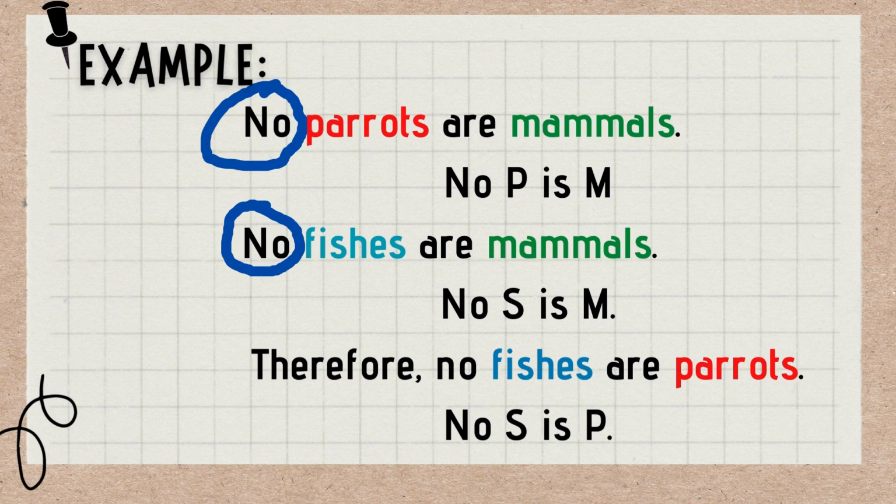No fishes are mammals, No S is M, is also universal negative. Therefore, no fishes are parrots is also universal negative. We must avoid two negative premises, and since this syllogism contains two negative premises, it has committed the fallacy of exclusive premises. Remember, we should avoid two negative premises.